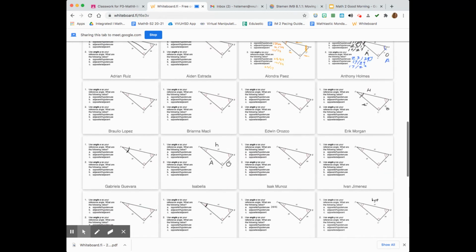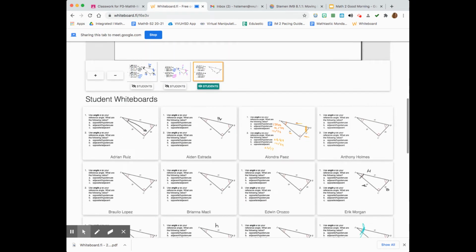It looks like it got pushed to everybody. There's a couple people, it's taking a minute.